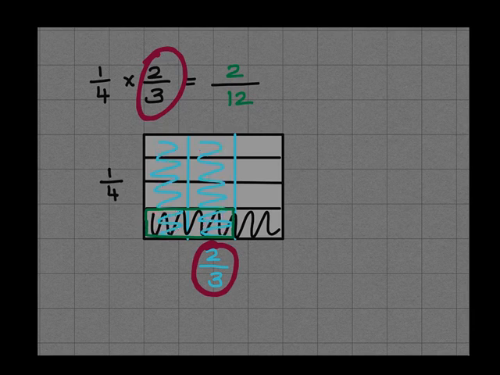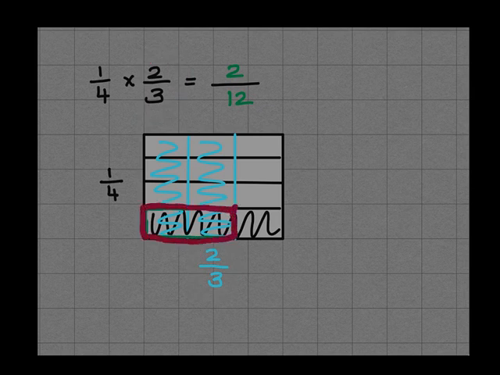2 columns are shaded. Now let's check which part of the area model the shades are overlapping. If you see here, this part, the shades are overlapping, right?